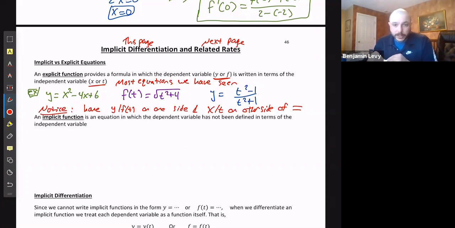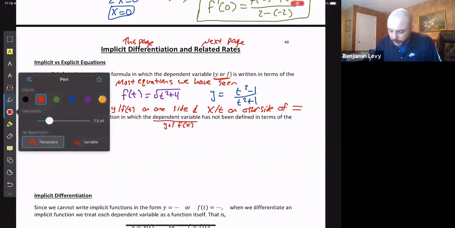Implicit is when you have the variables kind of mixed up on both sides. Like it says, an implicit function is an equation in which the dependent variable has not been defined in terms of the independent variable. Again, we're thinking about the dependent variable as being either y or f of x, and we might have those mixed up in an equation.